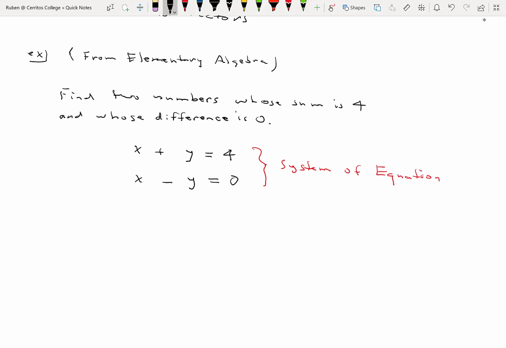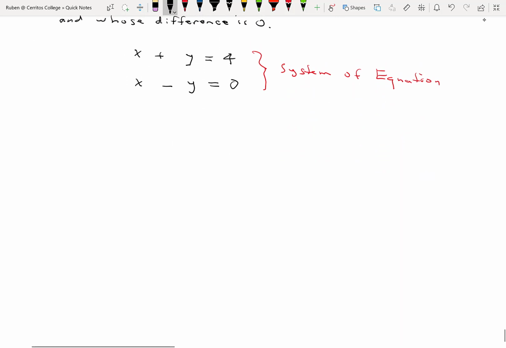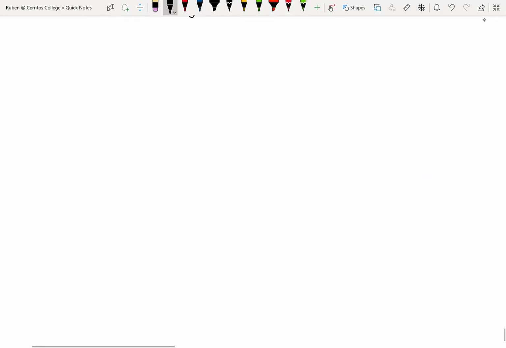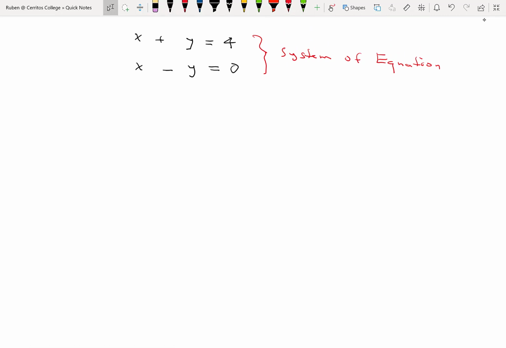We can rewrite this system in a couple of different ways. We can rewrite this system by eliminating all of the variables and creating a rectangular array of numbers.